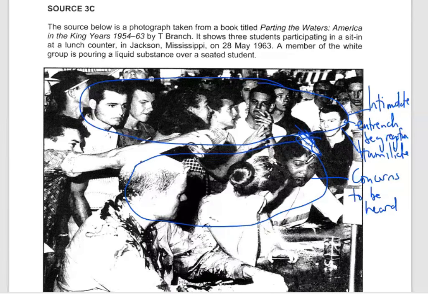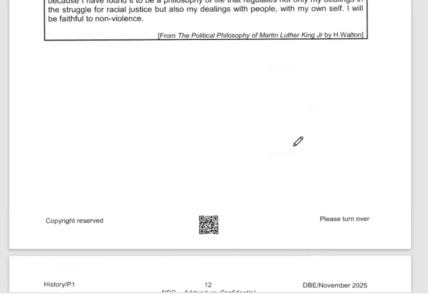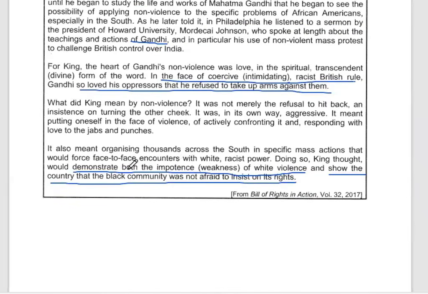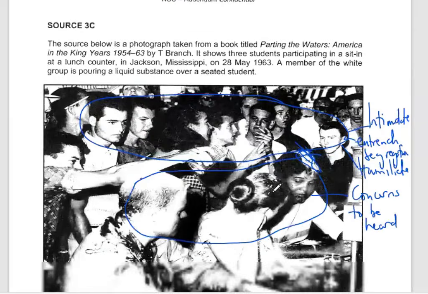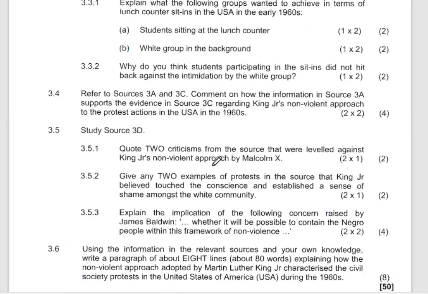It's the same idea which is portrayed there. And also it talks about non-violent protests demonstrating the weakness of white violence. Here, they are trying to cause some form of violence by pouring a liquid on the guy on a sit-in. However, their cohesion is going to get weak because he's not responding. So those ideas are correlated. They support each other from the two different sources.